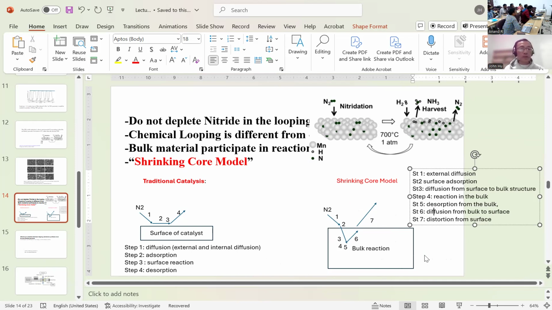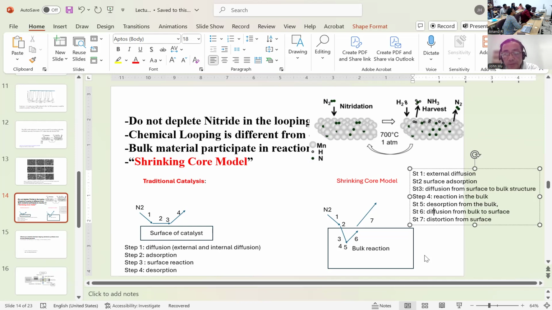Can anybody just guess what's the most difficult step? Just look at the process. What's most difficult? Reaction. Reaction in the bulk, sir. Say it again. Reaction in the bulk.